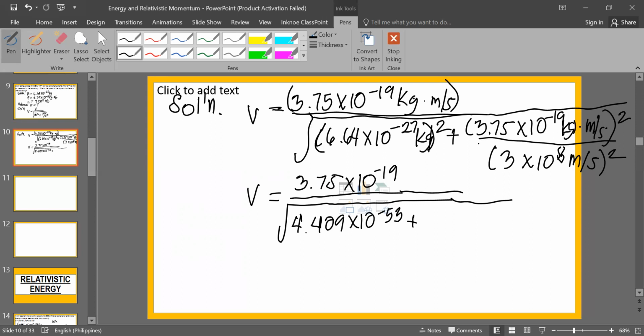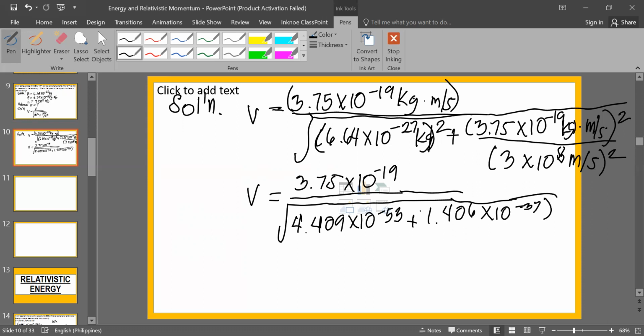Plus, yung square ng momentum dito, 3.75 times 10 raised to negative 19 square. Or 3.75 times 10 raised to negative 19 times 3.75 times 10 raised to negative 19 is, ang magiging sagot ay equals sa 1.406 times 10 raised to negative 37.